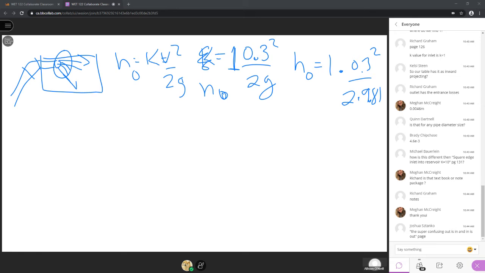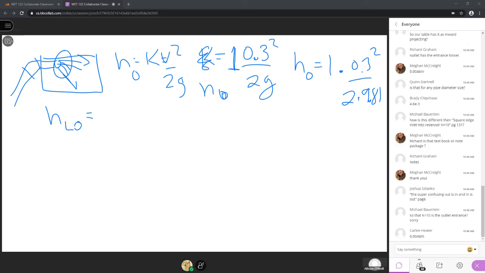Okay, so Brady threw out a number for the head losses for the outlet of the pipe, which has entrance losses because the water is entering the pipe. Carly just threw out 0.0055 meters. Does anybody want to confirm this?